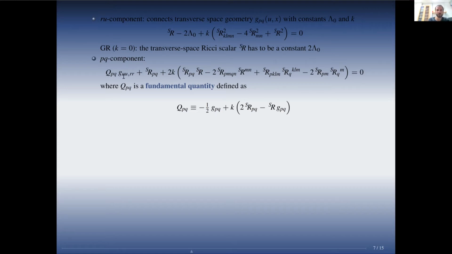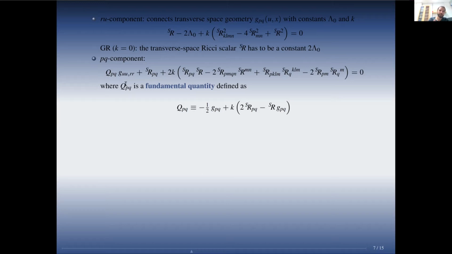And there is also an r derivative of the g_u metric function. It means it restricts how this g_u function can vary along the null geodesic congruence. And it's proportional to this tensorial quantity Q_pq.